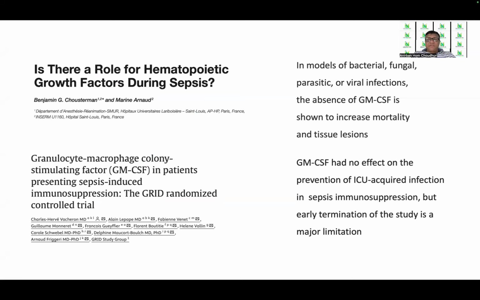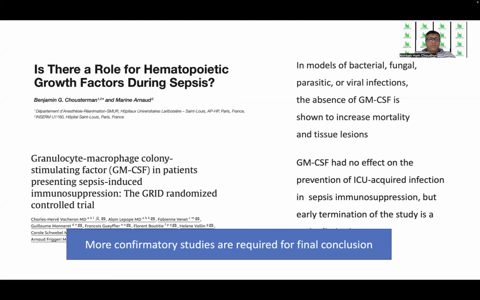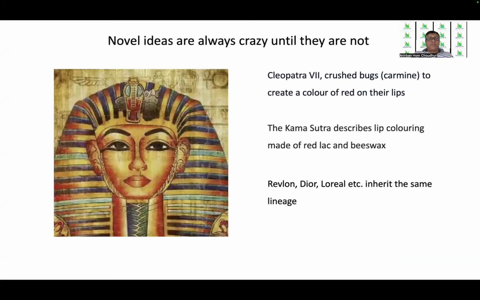We still have insufficient data, for which we need more confirmatory studies to conclude whether to use it, and in which patients. As for which patients, of course, these are the immune paralysis patients in whom we have to consider its use, but further subclassification of those patients is necessary.